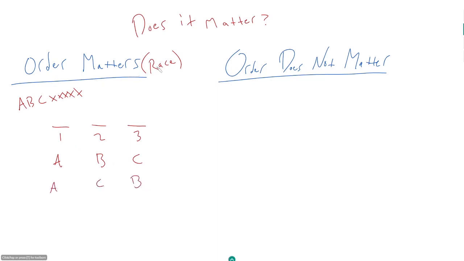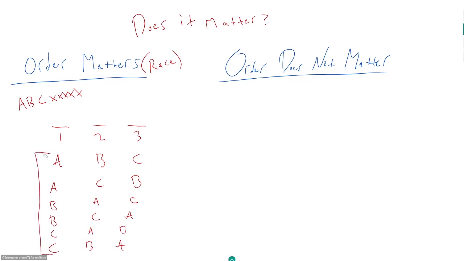And because in a race order matters, ACB, meaning A first, C second, and B third, is a totally different combination than ABC. And both of those are totally different than BAC, which is totally different than BCA. And so I want to count all of these. I would also want to include CAB and CBA.